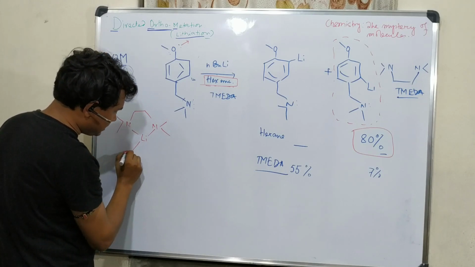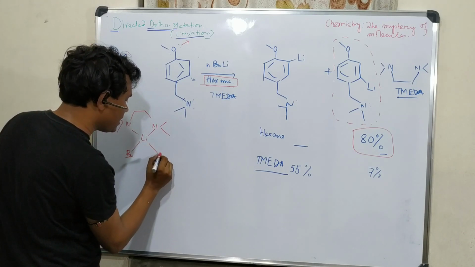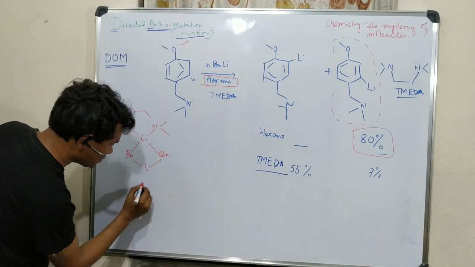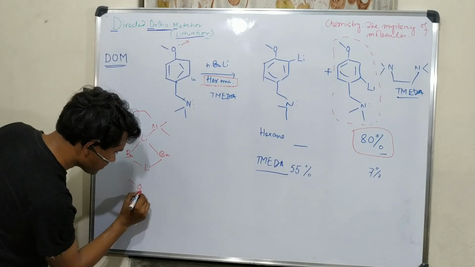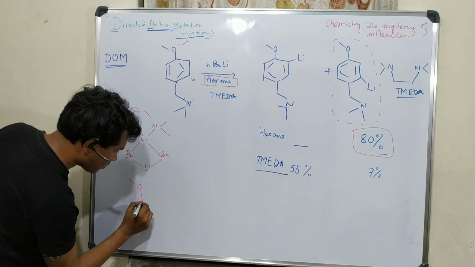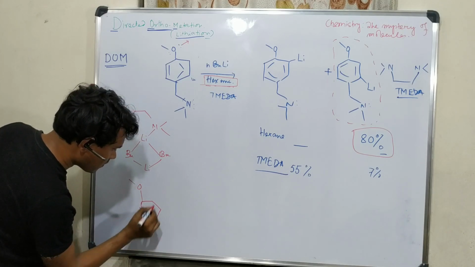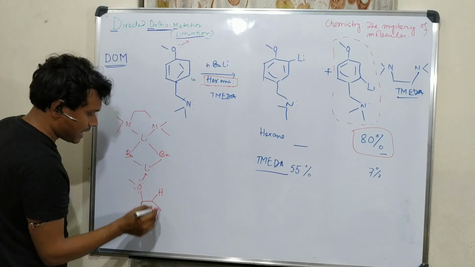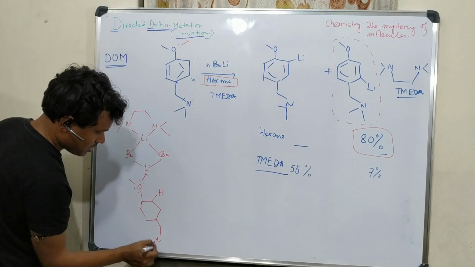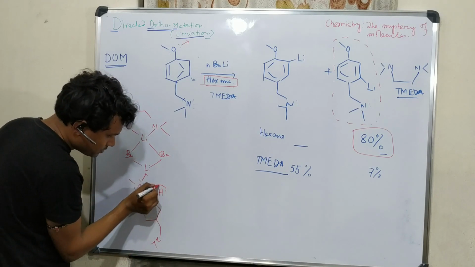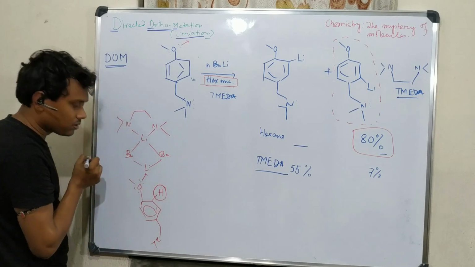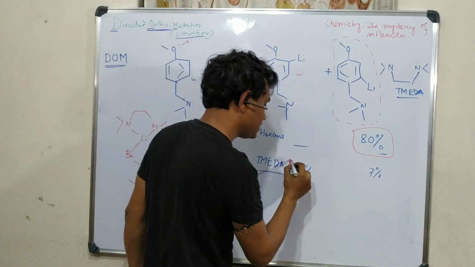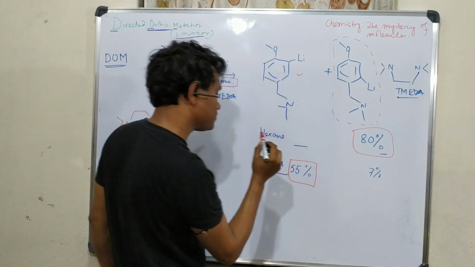After that, one TMEDA will eliminate, and this oxygen will remain. This oxygen will coordinate and lithium will abstract this proton. Okay. So in this way, ortho-lithiation will happen at this stage, around 50% conversion.